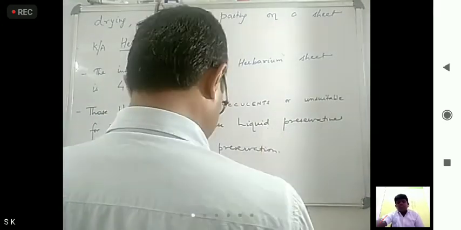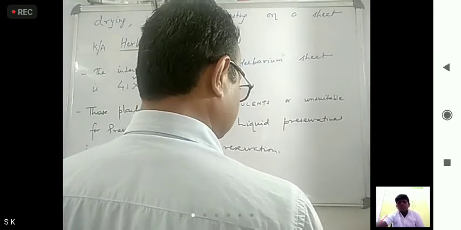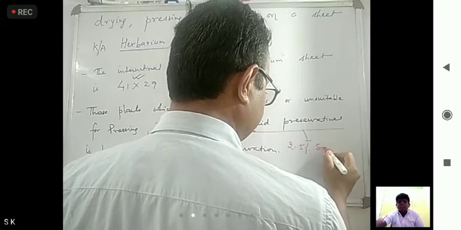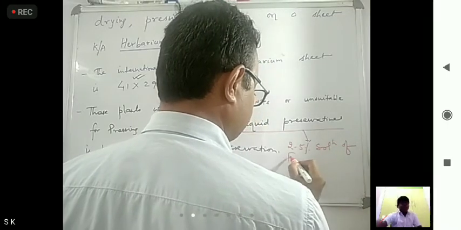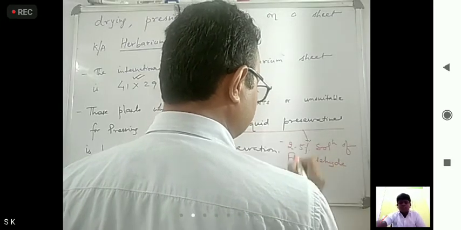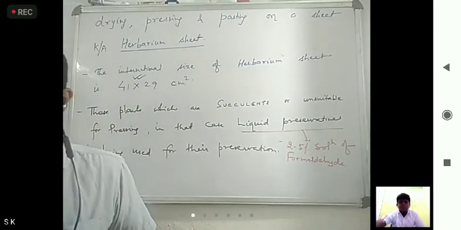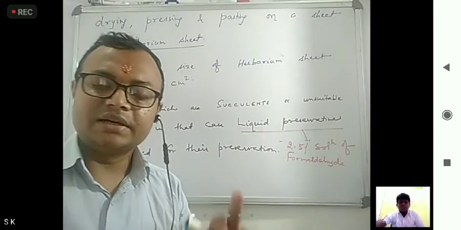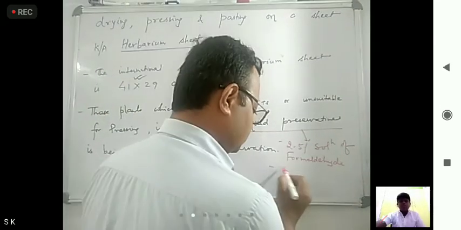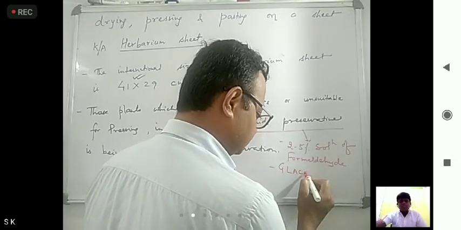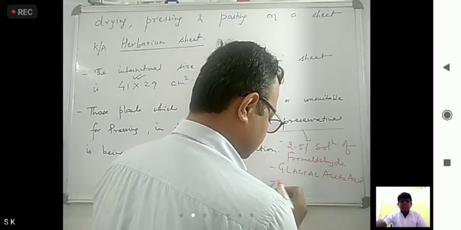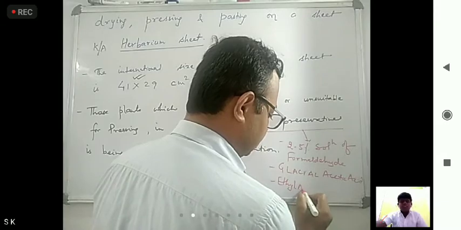It is a 2 to 5% solution of formaldehyde. Mainly this one is used, or sometimes glacial acetic acid or ethyl alcohol is also used.